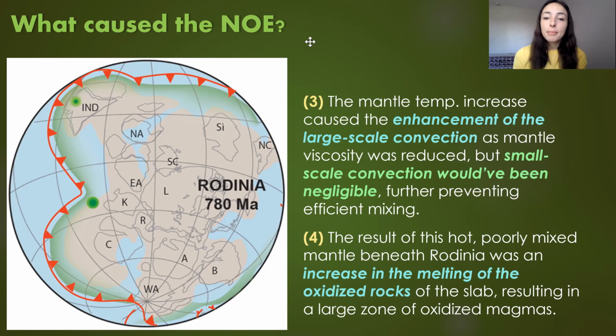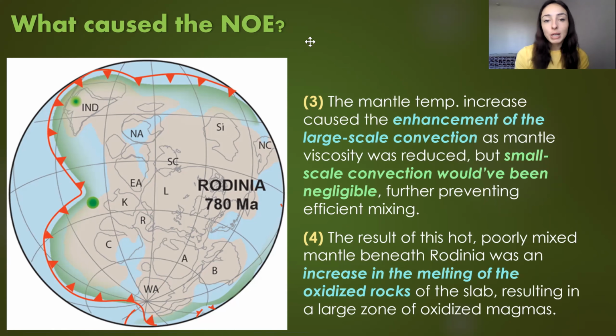And because of this temperature increase of the mantle, this caused the enhancement of large-scale convection currents in the mantle, because the viscosity was reduced but prevented small-scale convection, and this further prevented efficient mixing of the mantle.